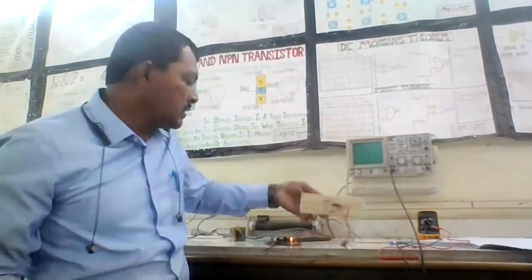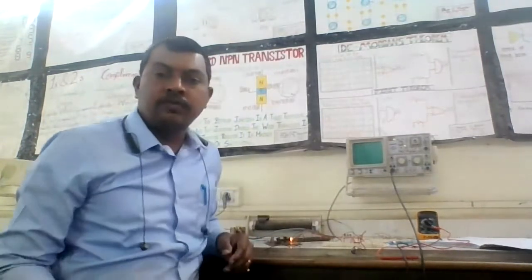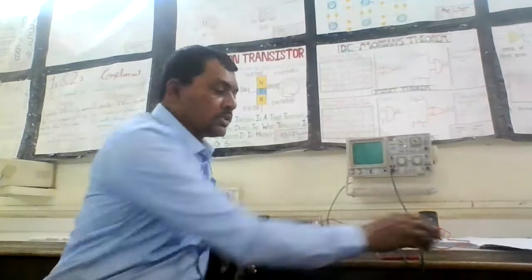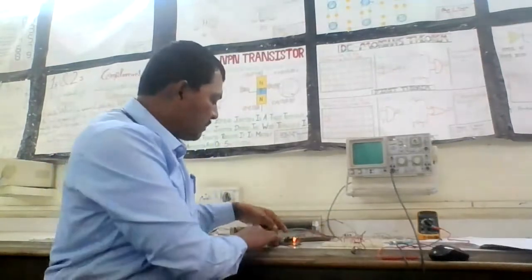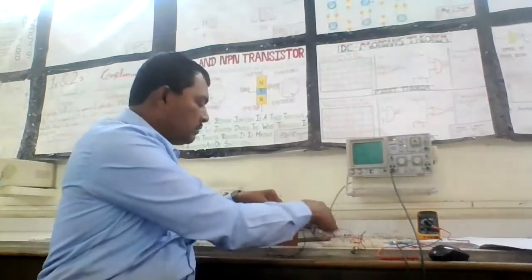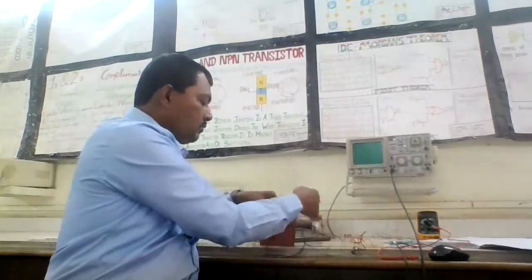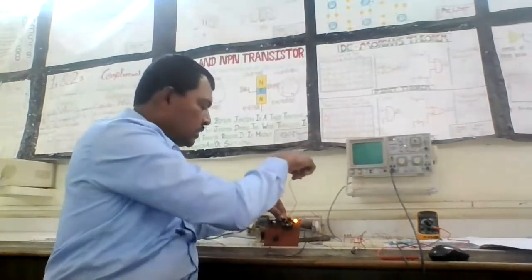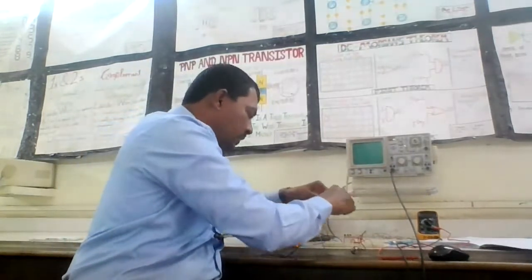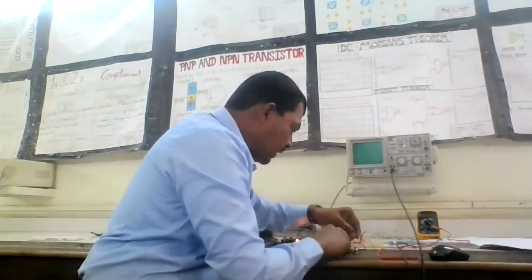We'll try to see these oscillations on the CRO. First, we need to connect the power supply. This is the power supply that we are supposed to use, which supplies a dual power supply. This is plus 12, which I'm going to connect to pin number 4 of the TL084 IC.